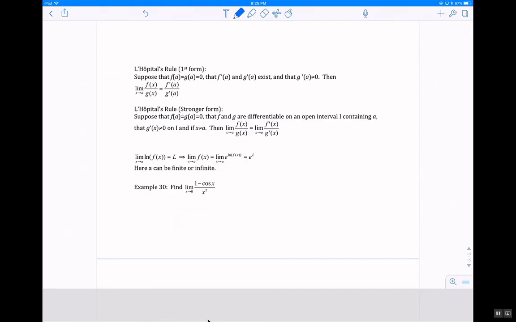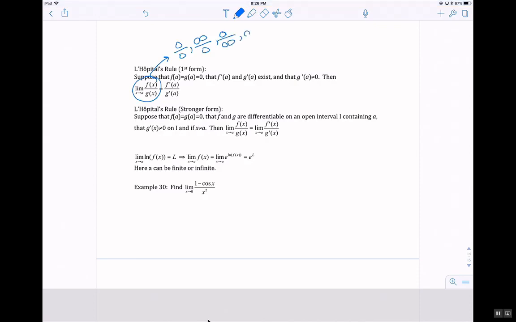Okay, so the last one is regarding L'Hopital's rule. L'Hopital's rule is an evaluation of a limit. But in order to evaluate the limit, you actually have to take the derivative, which is why this is in this particular lesson versus a different lesson where all the limits were. So L'Hopital's rule is designed to find this limit when nothing else works. You get 0 over 0, infinity over 0, 0 over infinity, or infinity over infinity.